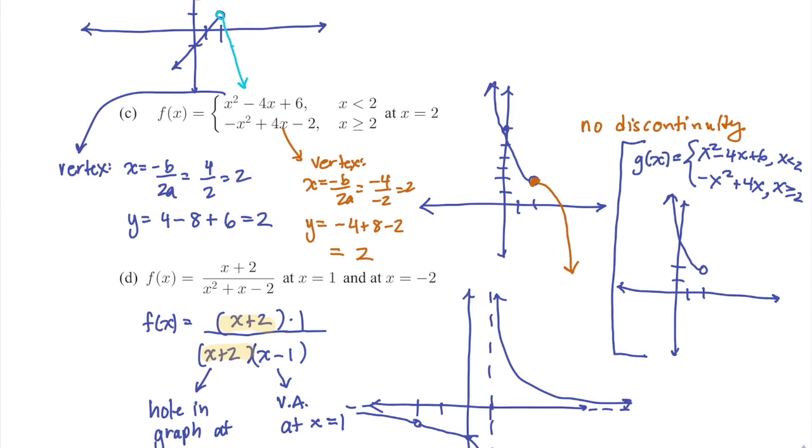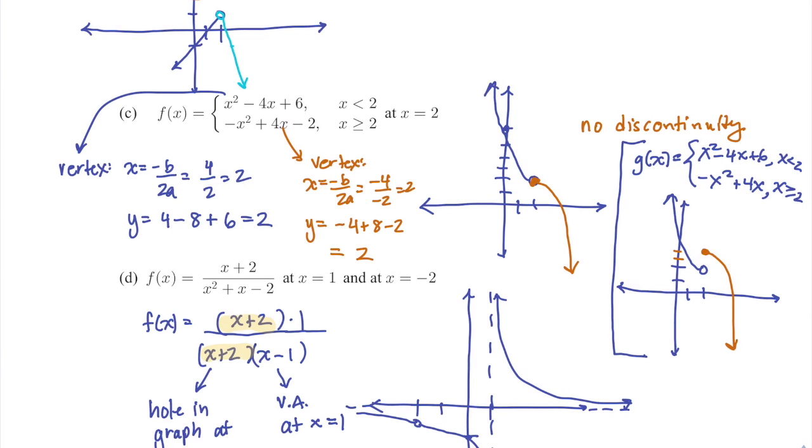But now the y-coordinate is going to be -4 plus 8, so 4 instead. And it would open downward still, right?